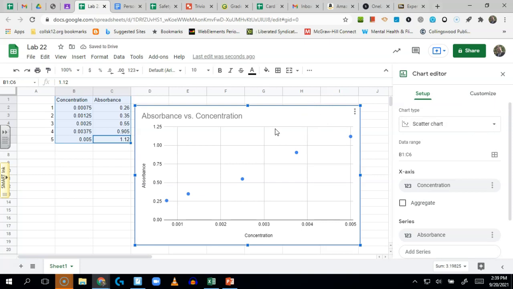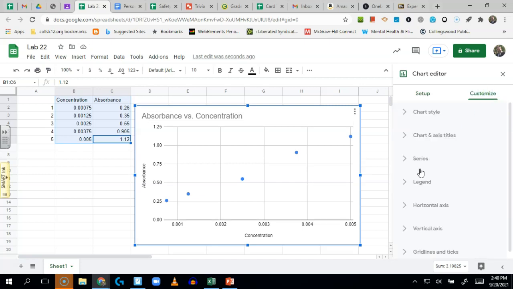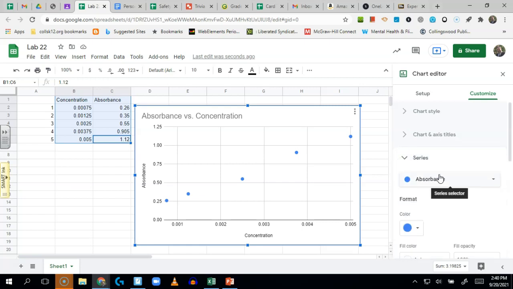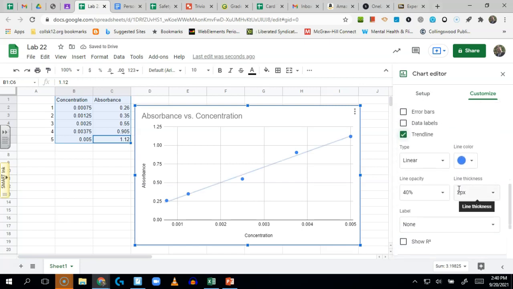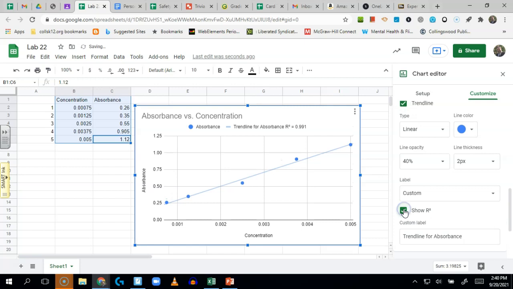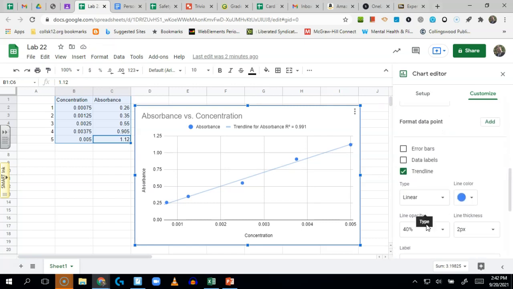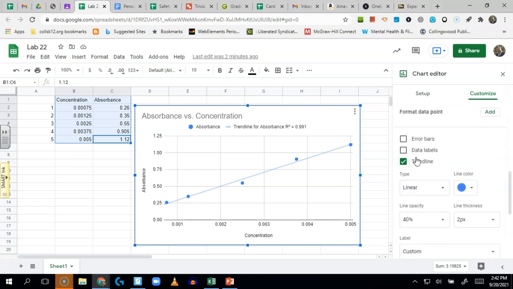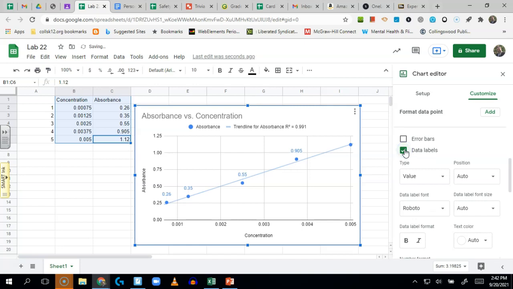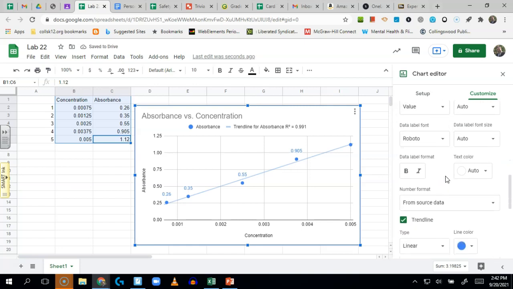And in order to get the data on the scatter chart, you're going to have to go to Customize, go to Series, and you will see that there's a trend line, and you can add the trend line, and then it says Show R-squared value. So while I'm in the series here, I show R-squared value. I'm also going to do data labels.